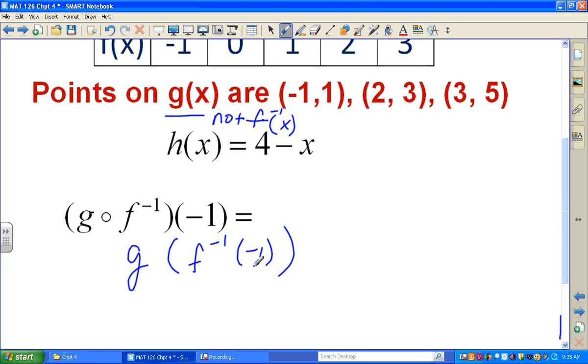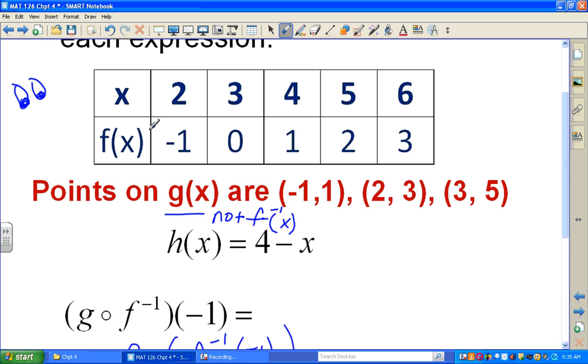Or -1? If I look at the f function, -1 is going to be where? In the y slot, right? Because for the inverse, you end up with -1, 2. Does that make sense?